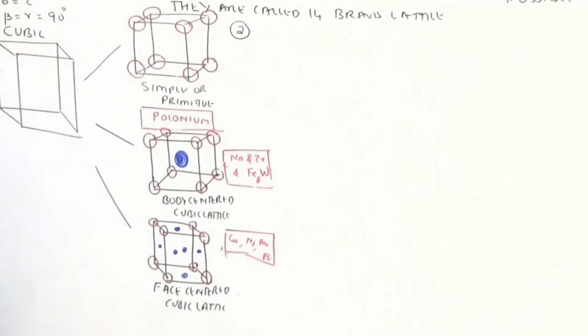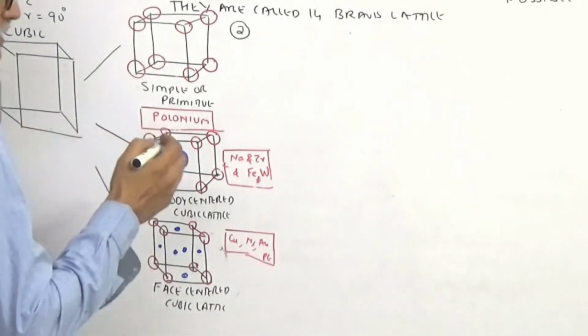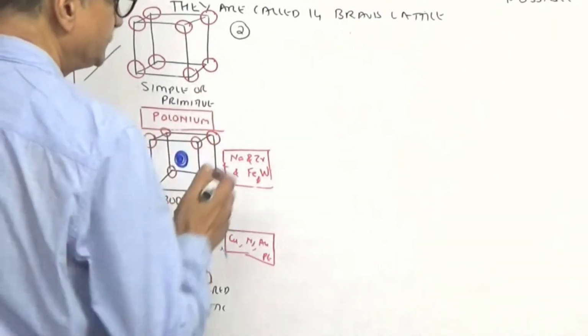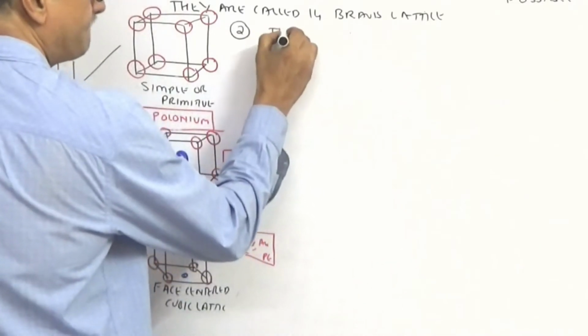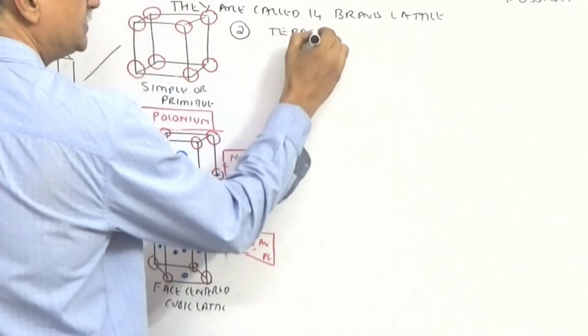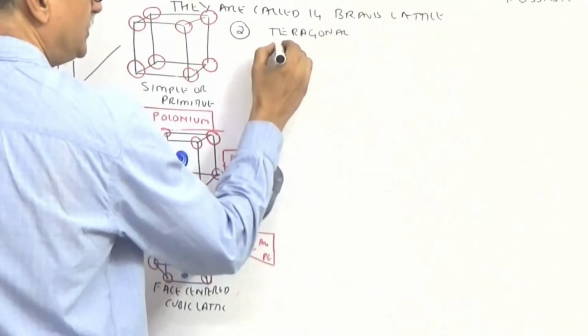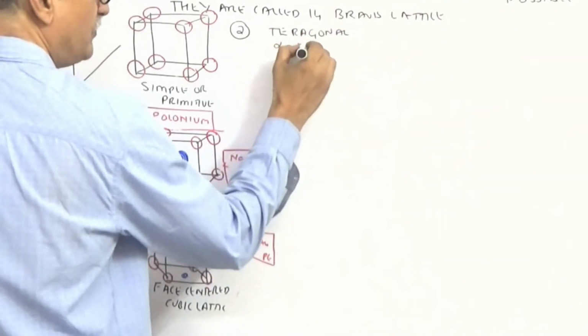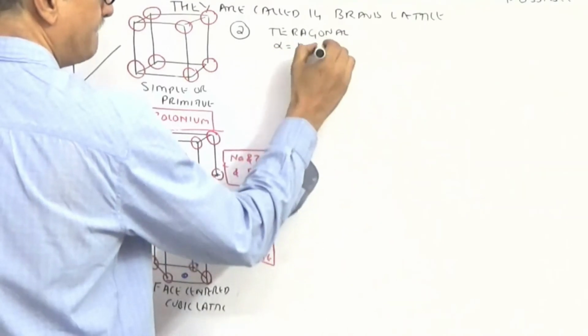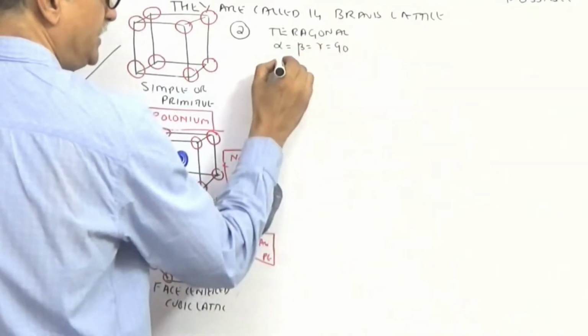The second one was tetragonal. Okay. So what was tetragonal? We know that alpha is equal to beta is equal to gamma, and that is equal to 90.